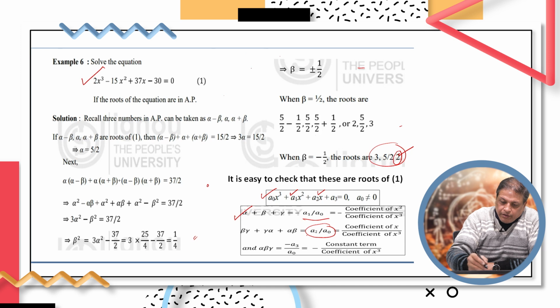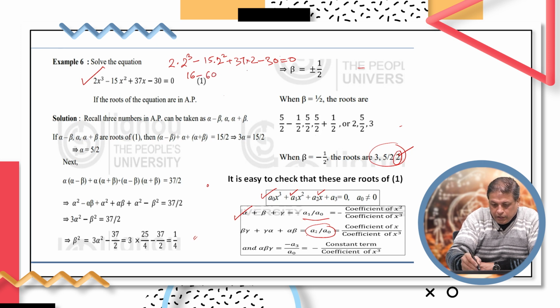Substituting x is equal to 2 into this equation, we will be having 2 into 2 cube minus 15 into 2 square plus 37 into 2 minus 30, and this should turn out to be 0. Now, 2 into 8 is 16, minus 15 into 4 is 60, plus 74, minus 30.